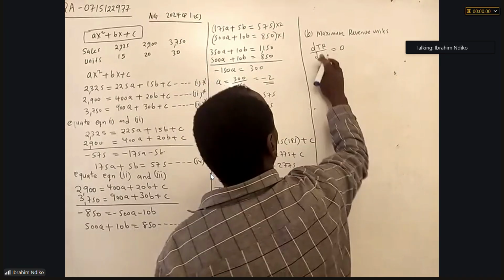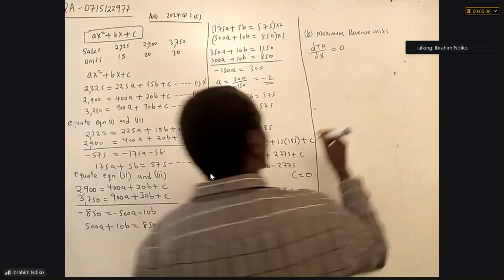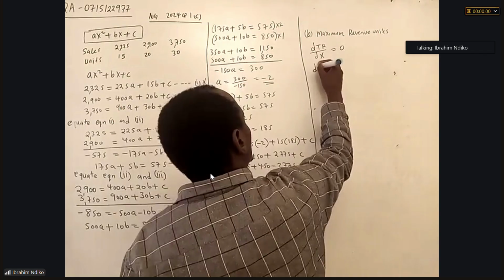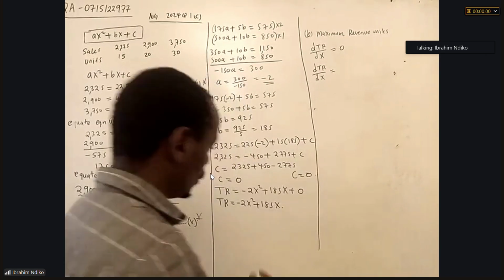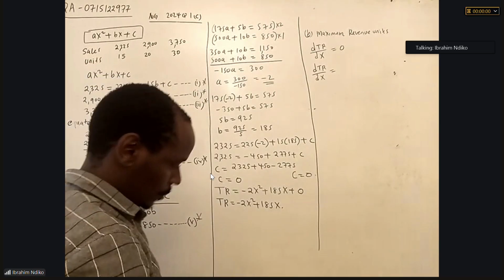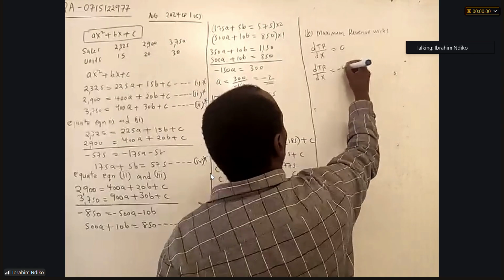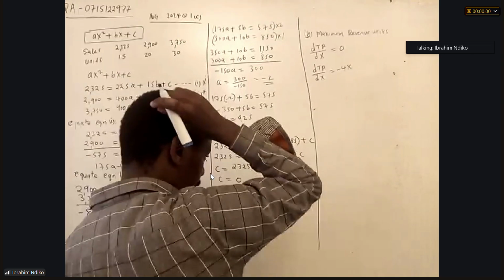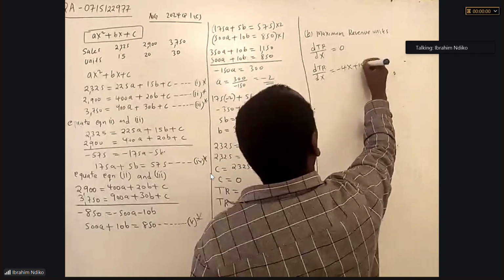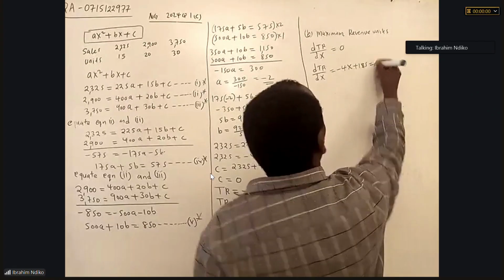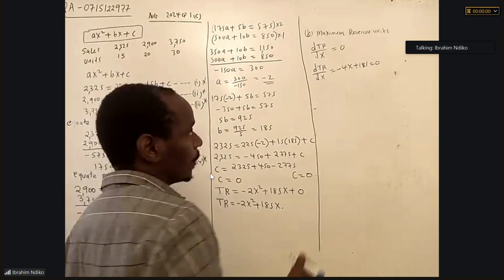Now our Q is X. So change in total revenue by change in X is equal to, 2 times minus 2 is minus 4, so it will be minus 4X plus 185 must be equal to 0. To find the value of X, that will be the maximum output.